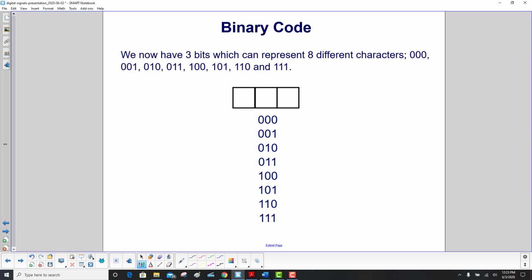Okay, now let's smush 3 bits together. 1, 2, 3. How many different combinations of zeros and ones can we get here? Well, I'll take the easy one again. We can go 0, 0, 0 or 1, 1, 1. Those are the easiest, right? So I'll just fill this one in like that. That would be 0, 0, 0. What other combinations can we make?